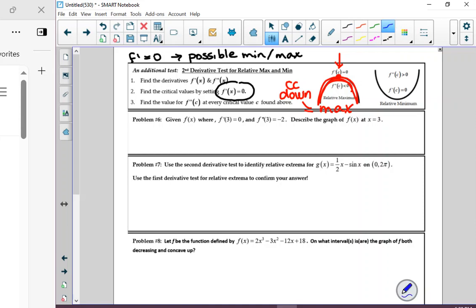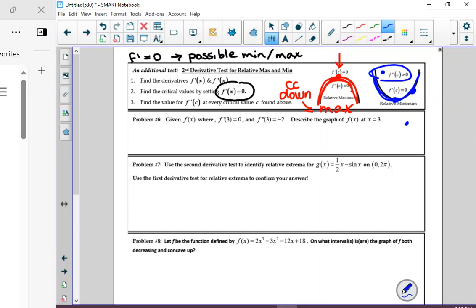Vice versa, we have a 0 point. We know the concavity around that 0 point is concave up. Having a 0 point for the first derivative that makes your second derivative positive means I've got a concave up shape around a min or a max.